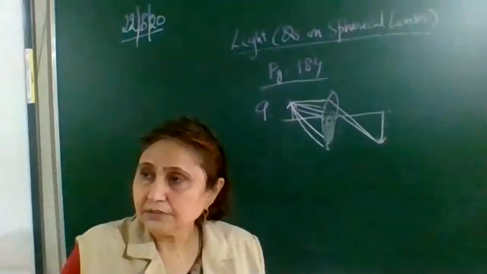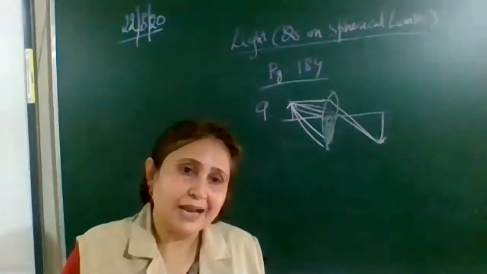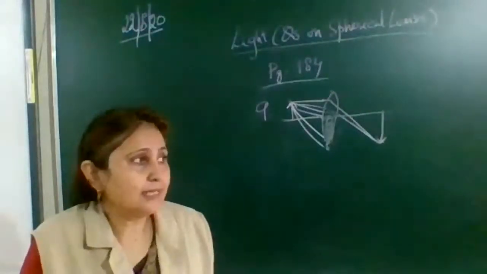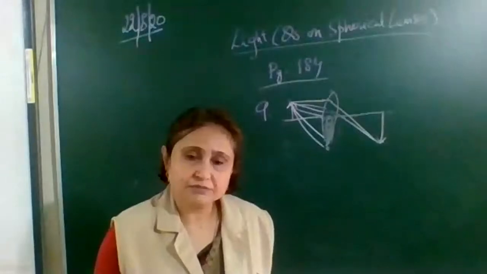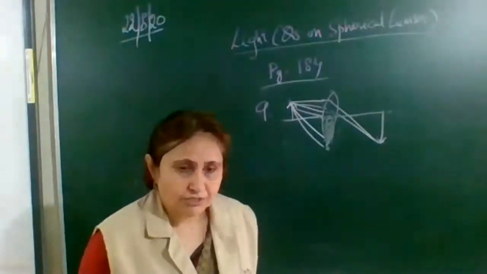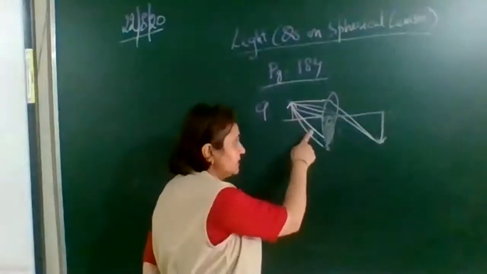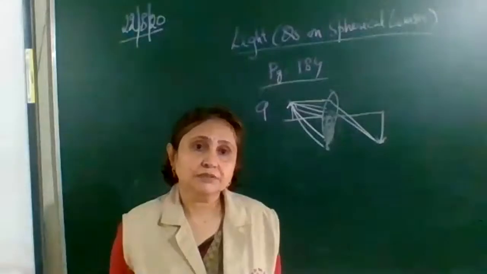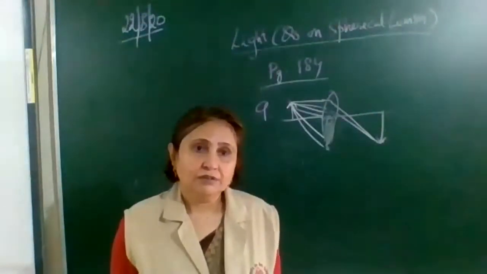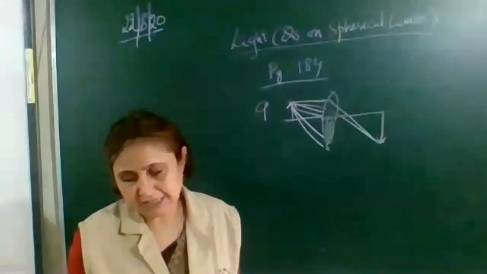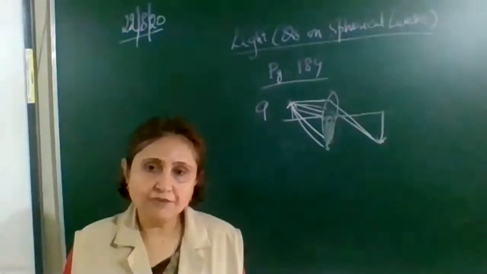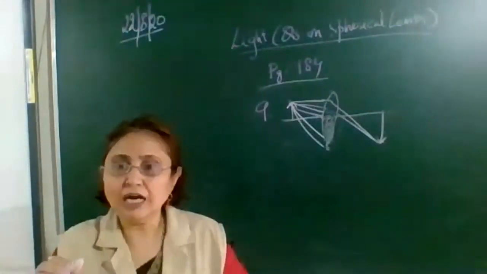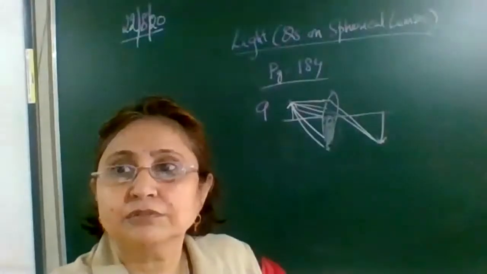But intensity or brightness of the image reduces because the incident rays traveling from the lower half of the convex lens are blocked.